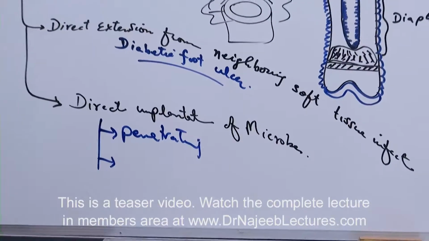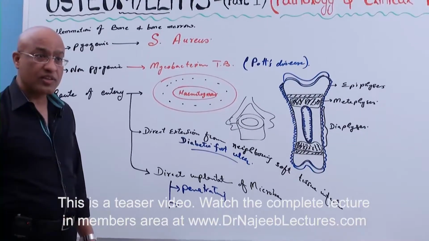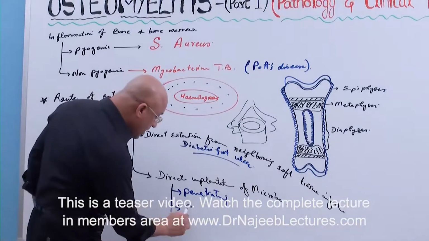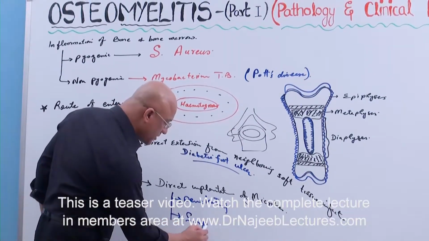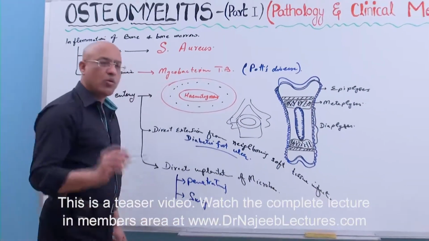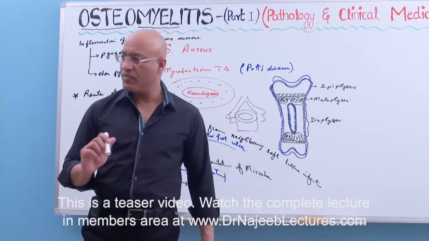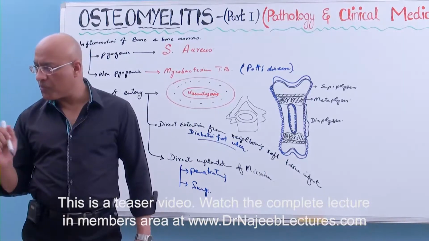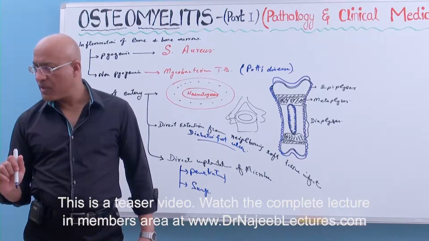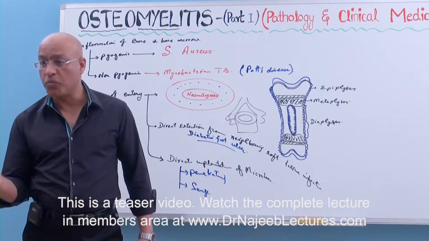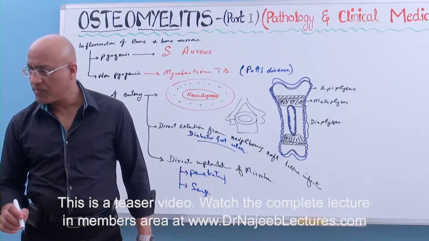Then there can be surgery. During surgery, especially when you are doing orthopedic implants, right? When you are putting orthopedic implants in the bones, maybe unfortunately you plant the bacteria also there, right?